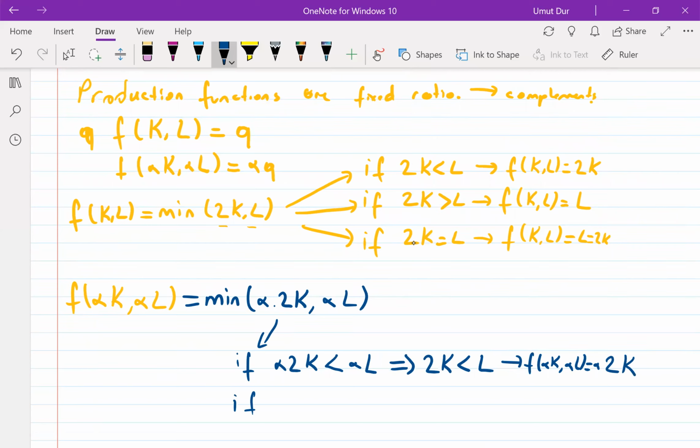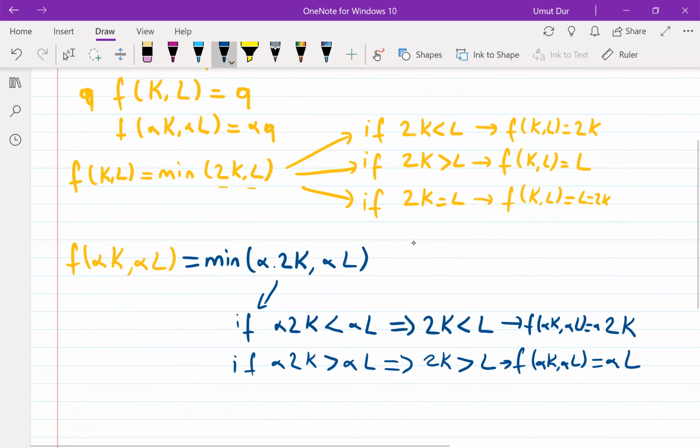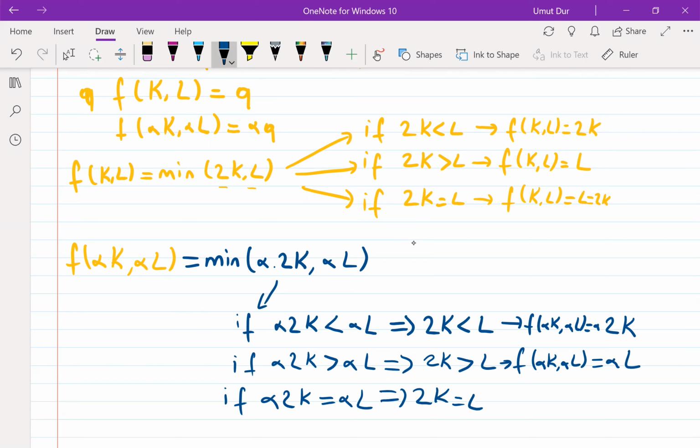If alpha 2K is greater than alpha L, the alphas will cancel each other again, 2K is greater than L, then F(alpha K, alpha L) will be equal to alpha L. And finally, if alpha 2K is equal to alpha L, which implies that 2K is equal to L, then my output level is alpha L, which is also equal to alpha 2K.